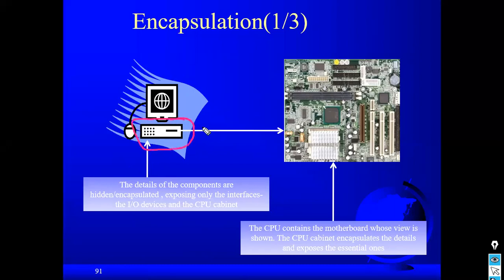But the major thing making all the operations happen is this motherboard. So the functionalities and the data that are encapsulated here, and we are using the CPU as a UI. So this process is called encapsulation, hiding the data. We are not exposing the data. Whatever is exposed is only the UI. This is called encapsulation.